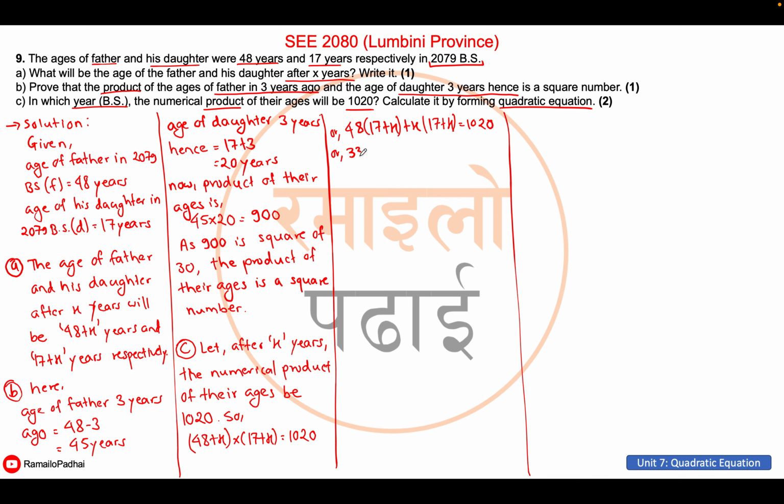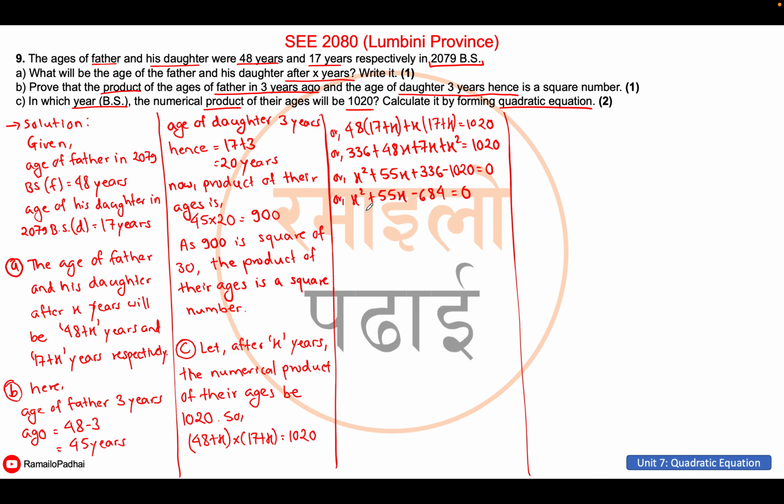So 336 plus 48x plus 17x plus x square is equals to 1020, or x square plus 55x plus 336 minus 1020 is equals to 0, or x square plus 55x minus 684 is equals to 0.